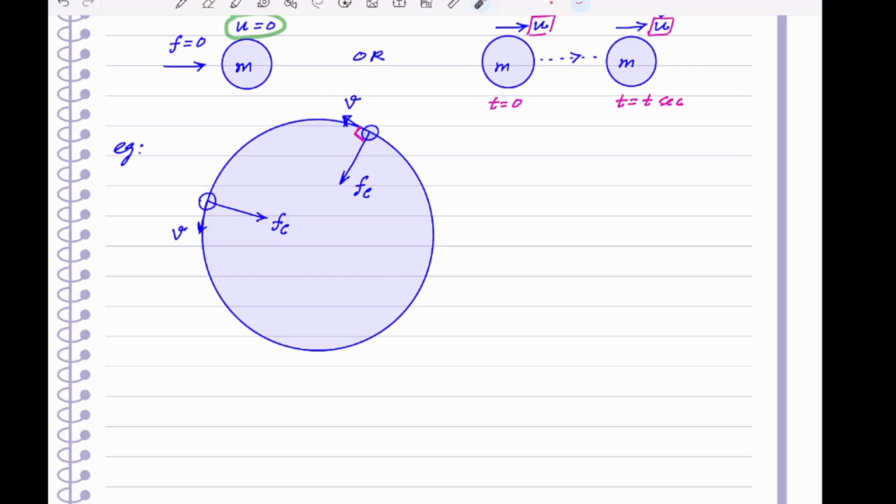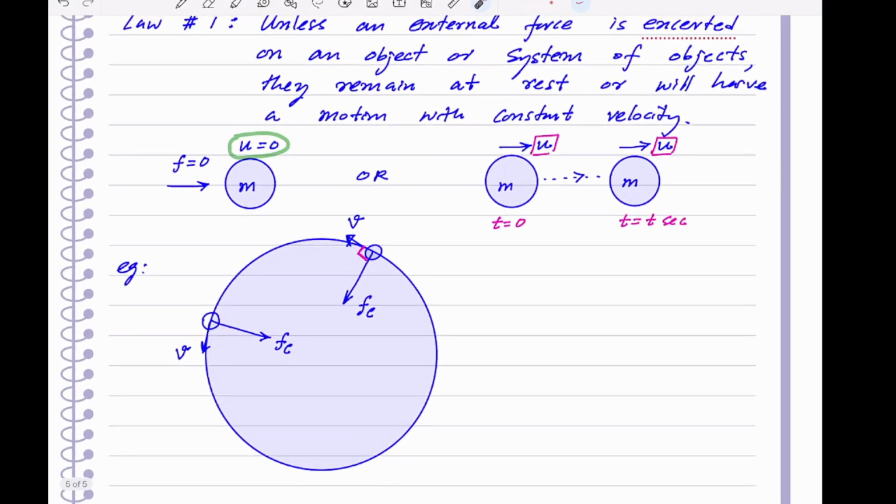However, in this situation, the force is the centripetal force towards the center, so those quantities are perpendicular to each other. There is no effect on this speed by this centripetal force. So the conclusion is, to have a change in speed, the applied external force should be in the direction of the motion, or should have a contribution to the direction of the motion. So this is a very famous example in circular motion.